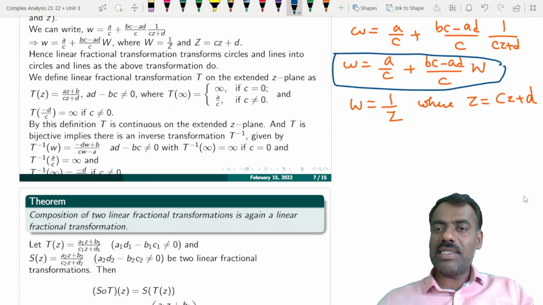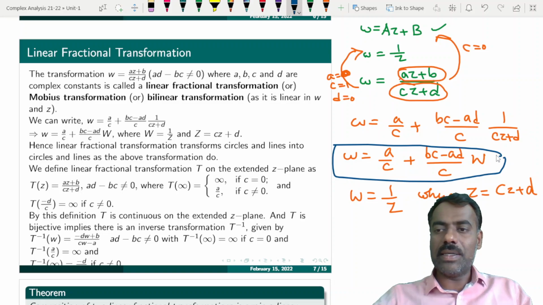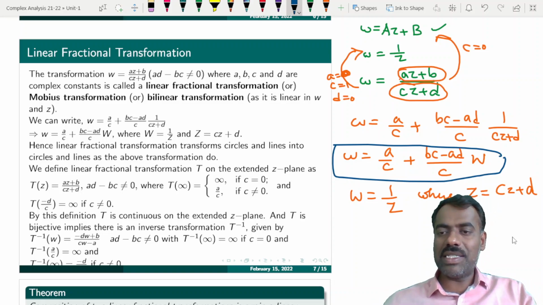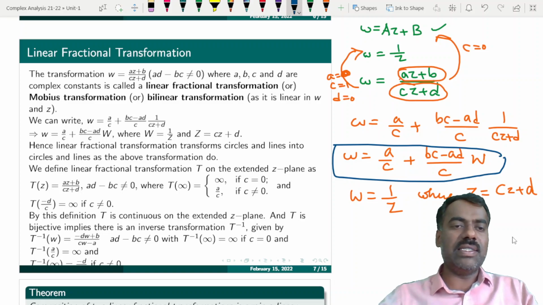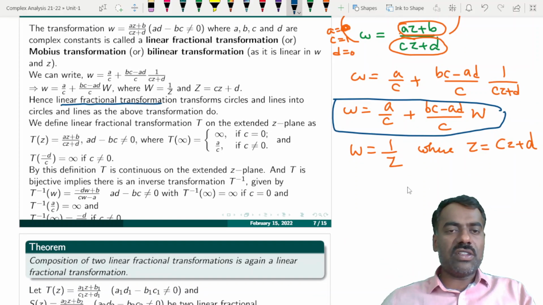This W is equal to 1/Z, and Z is equal to cz + d. We are calling this W, and the one below we are calling Z. So we can see that this linear fractional transformation also transforms circles and lines into circles and lines.